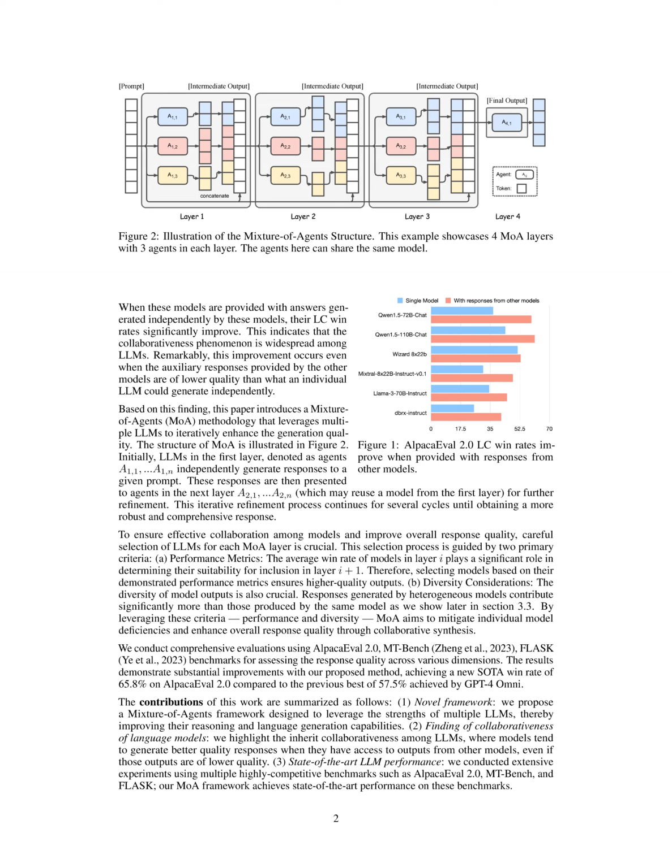MOA specifically aims to harness the collaborativeness of LLMs, where models tend to generate better quality responses when provided with outputs from other models, even if those outputs are of lower quality. By carefully selecting LLMs based on performance metrics and diversity considerations, MOA mitigates individual model deficiencies and enhances overall response quality through collaborative synthesis.